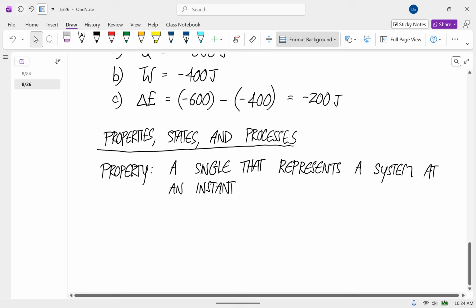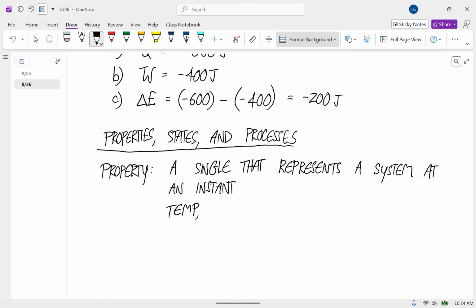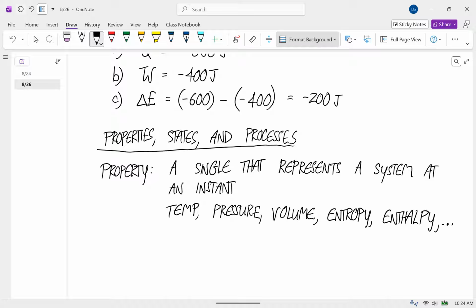So a property can be temperature, pressure, volume. Later on, it can include entropy, enthalpy. So these things are all single measurements that represent a system at an instant. And that's definitely not all of them, but that's a bunch of them.